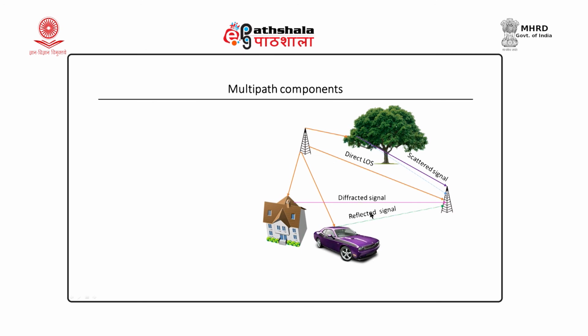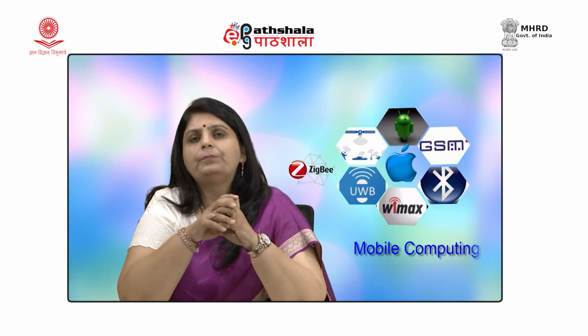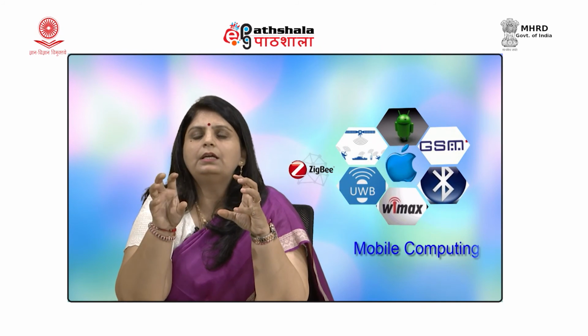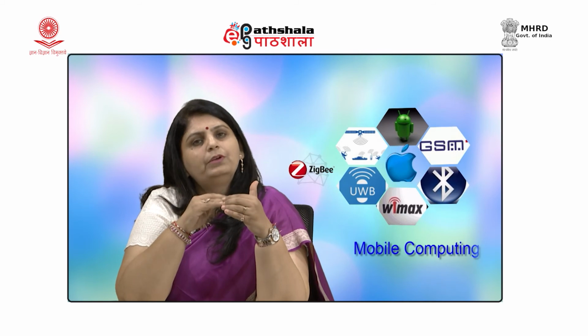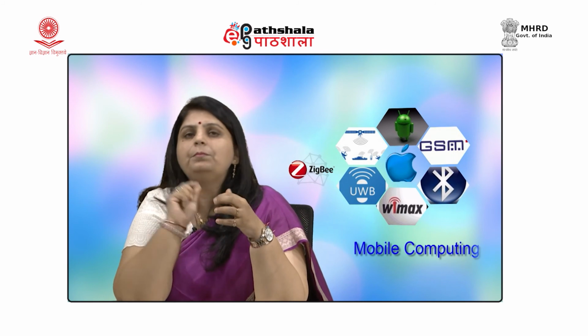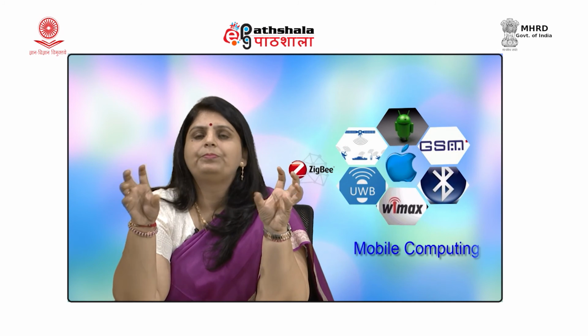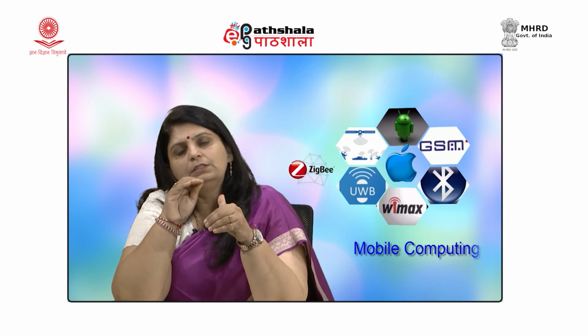All these are known as multipath components. Now, the first thing is that the different components which are getting reflected, diffracted or scattered will follow different paths. At the same time, they will also travel different distances. Some distances might be long, some might be short.